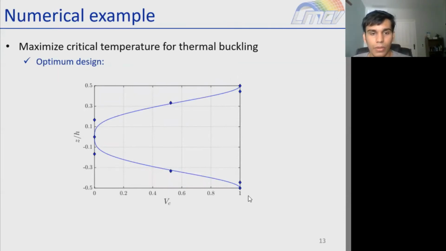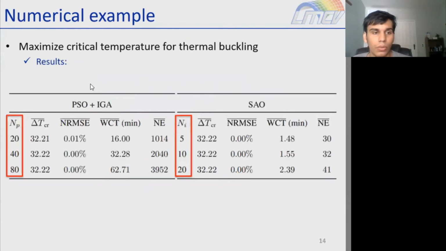At the top and bottom surfaces, it's fully ceramic because the volume fraction of ceramic is 1, and at the mid plate it's fully metallic. So the comparison was made by using different numbers of particles for PSO and different numbers of sampling points for the surrogate models.